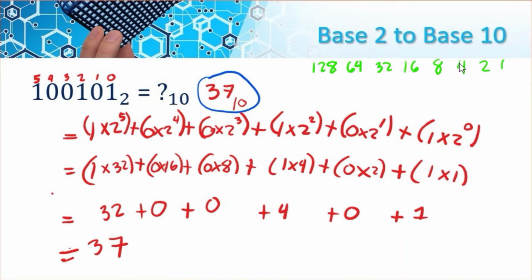So diri ni siya gikan class. Kaning 1 mao ni ang 2 to the power of 0, ang 2 mao ni ang 2 to the power of 1, 4 is 2 to the power of 2, 8 is 2 to the power of 3, 16 is 2 to the power of 4, 32 is 2 to the power of 5, then 64 is 2 to the power of 6, then 128 is 2 to the power of 7.